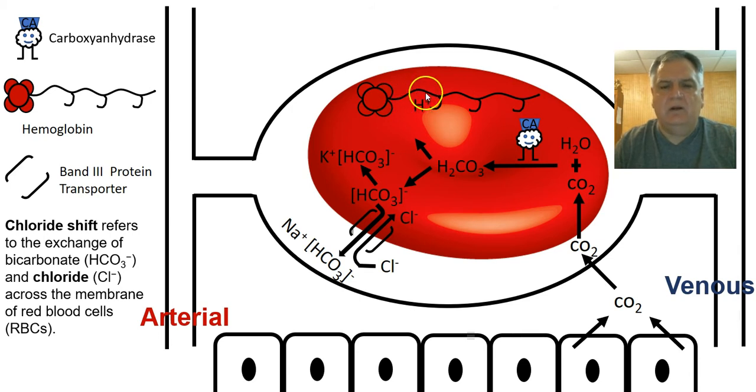And periodically along this chain, there are amino acids that have negatively charged side chains. So these negatively charged side chains, represented here by the little hooks, will attract these positively charged hydrogen ions, and the hydrogen ions will link on to these side chains and be pulled out of solution.